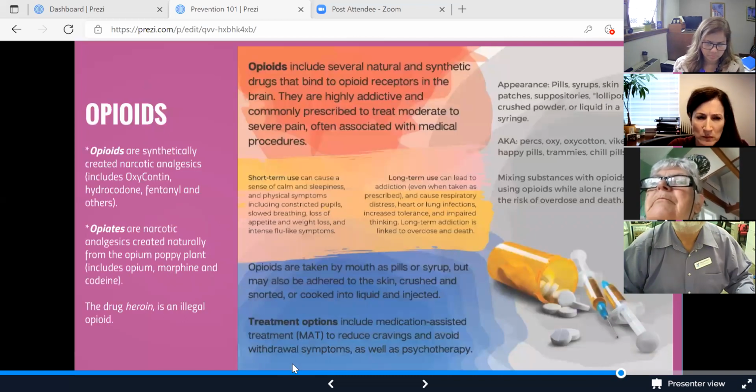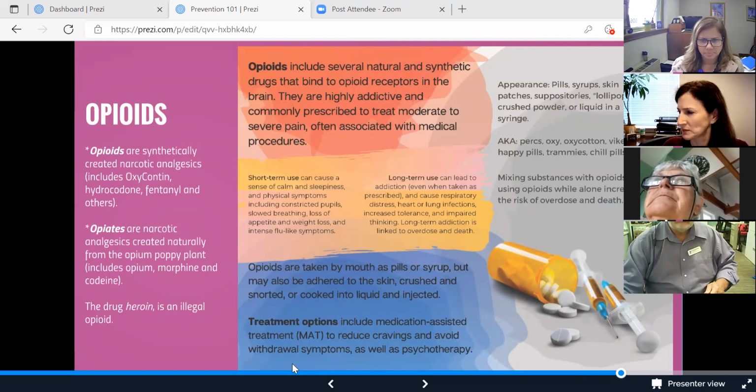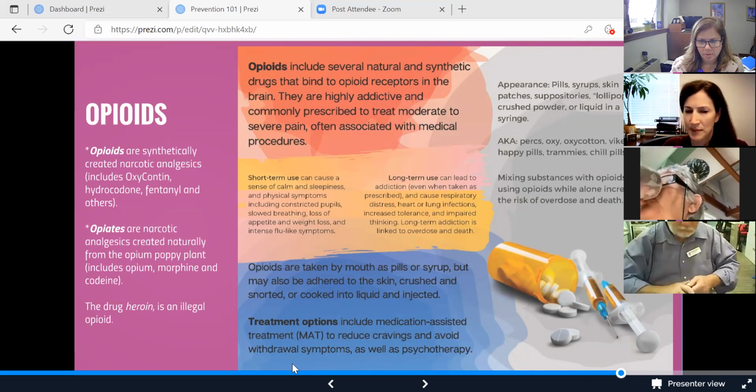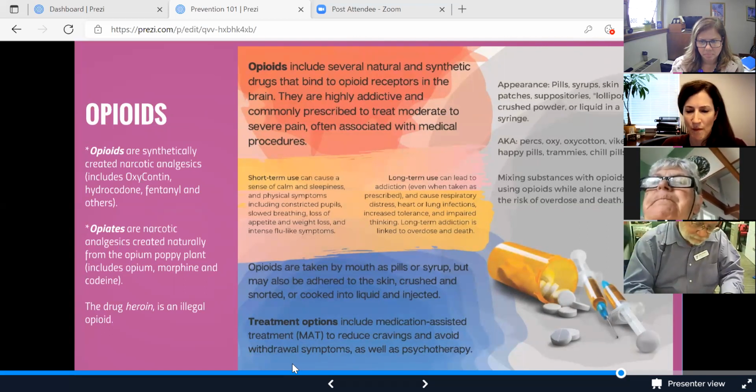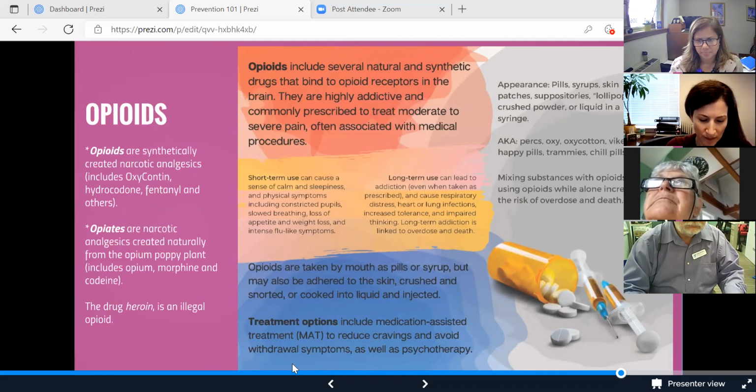So one of the prescription drugs that we are going to talk about is opioids, which has been in the media a lot lately due to the opioid misuse epidemic that we've been seeing a lot in our country. I want to draw a distinction between opioids and opiates. Opioids are synthetically made narcotic analgesics, whereas opiates are naturally occurring from opium poppy plants.